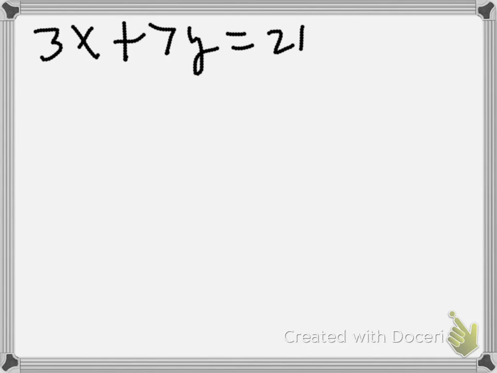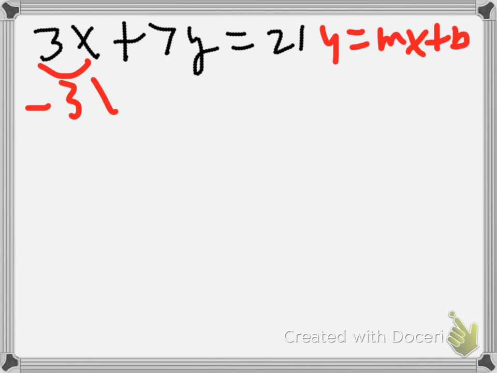Alright, let's go to this next problem. The next problem you had was 3x plus 7y equals 21. So here you still want to get it into that y equals mx plus b. Here we need to get the 3x on the other side. So let's subtract 3x from each side.